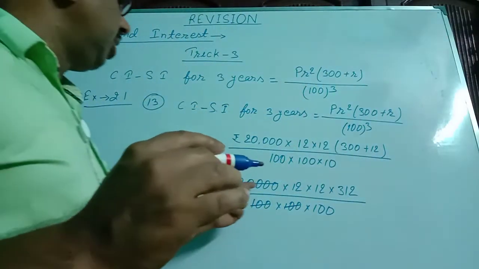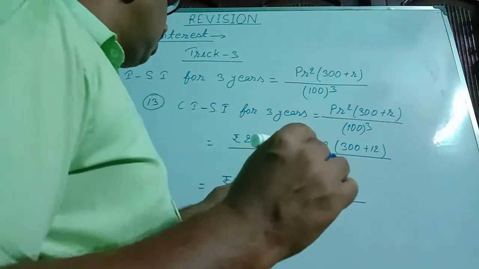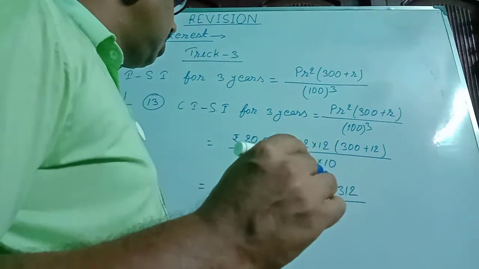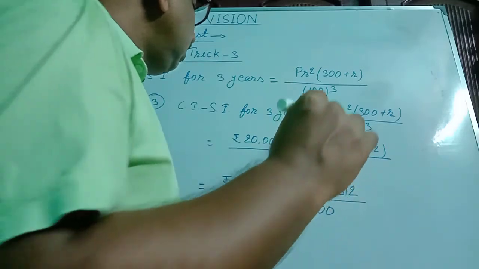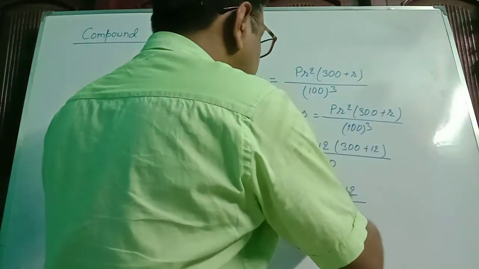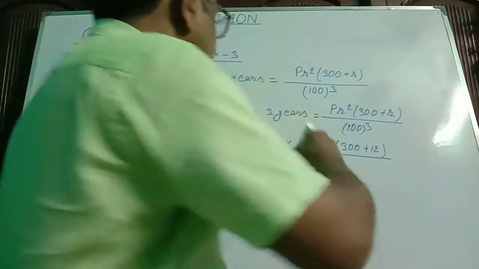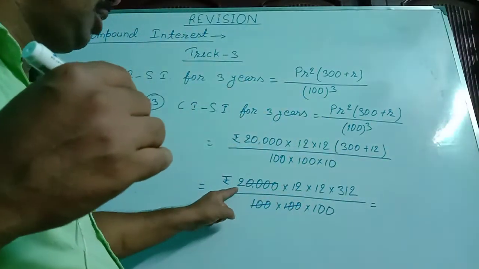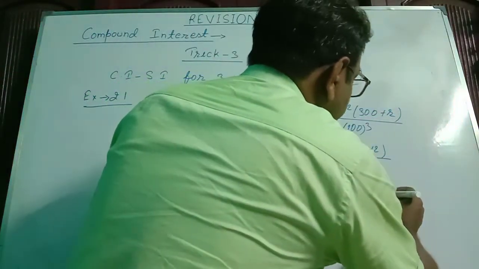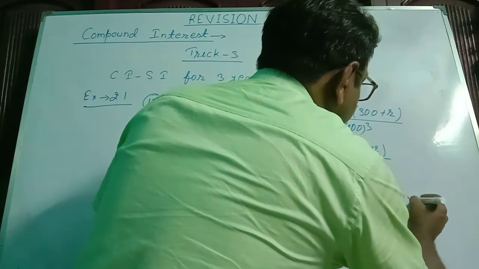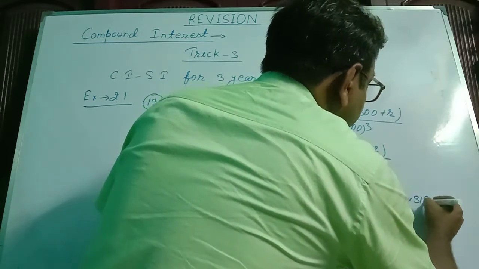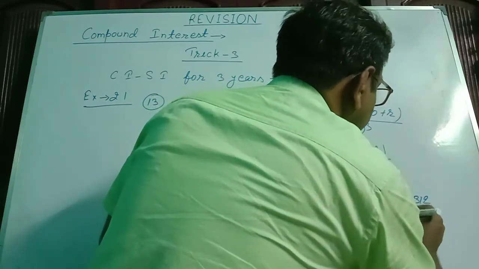Now we multiply this, 12 twos are 24, or we say 12 12s are 144, into 2, 288, into 312 by 100.